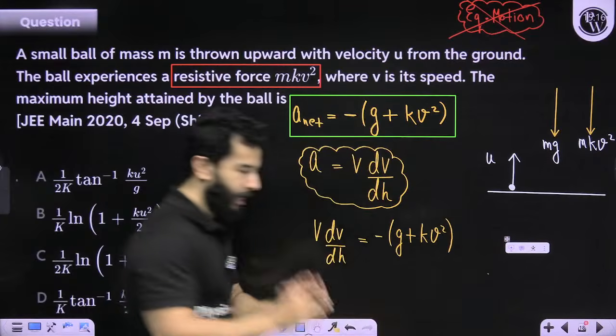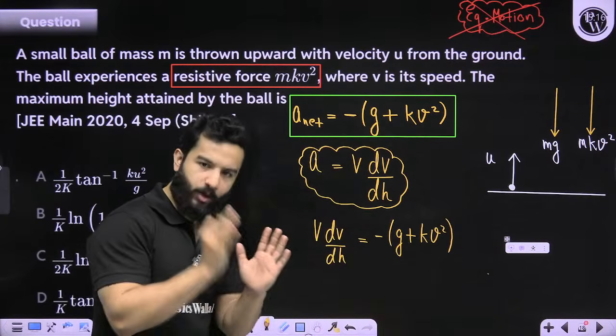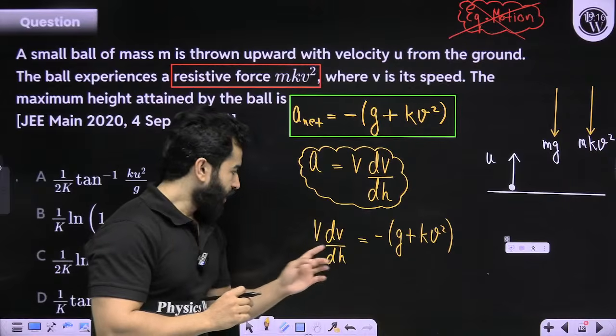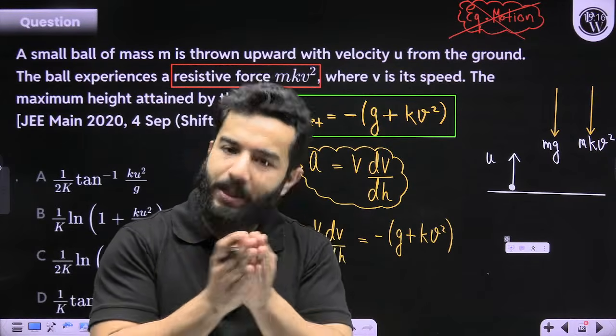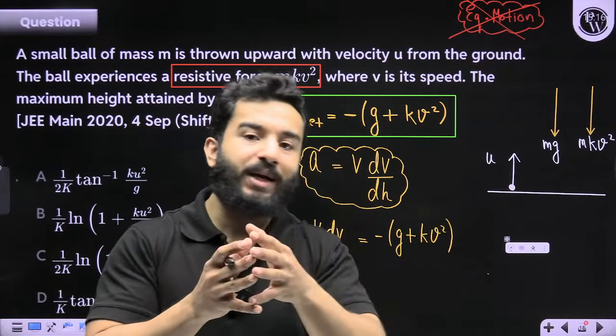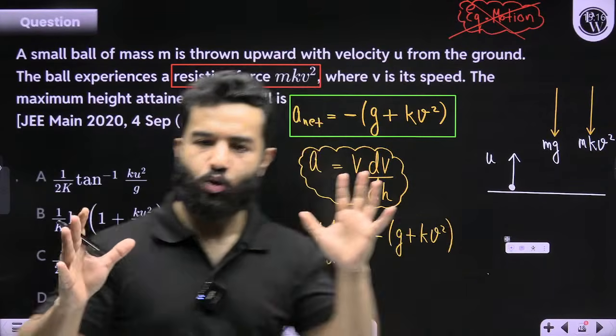Now, if you are new to this type of problem, let me explain how to solve. After this step, we separate the variables. We separate the similar variables to the same sides.